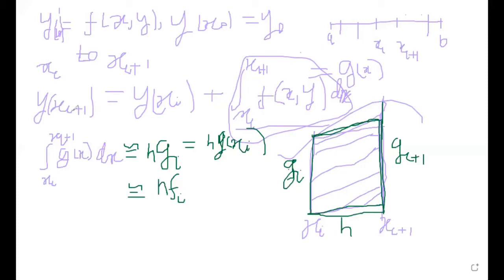So in that case, what would happen? y at xi plus 1 is h times fi. But what is the problem we are facing here? Now this equality becomes inequality. Am I right?